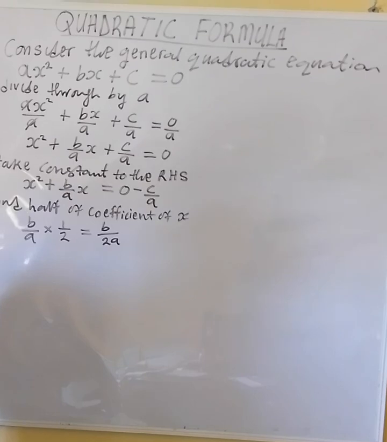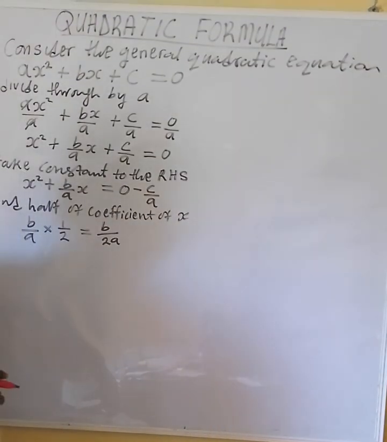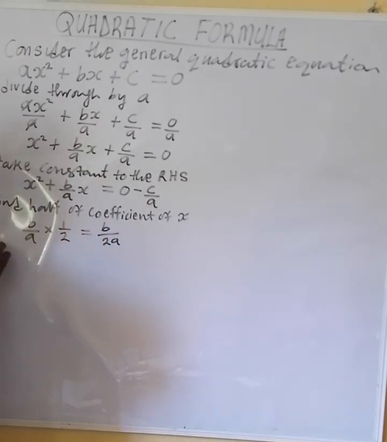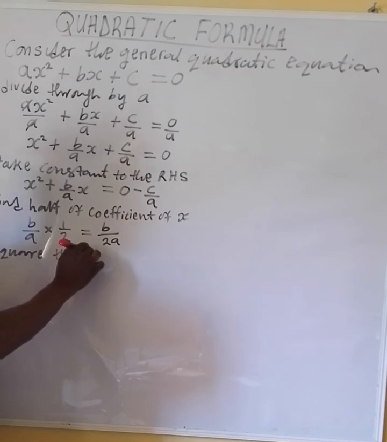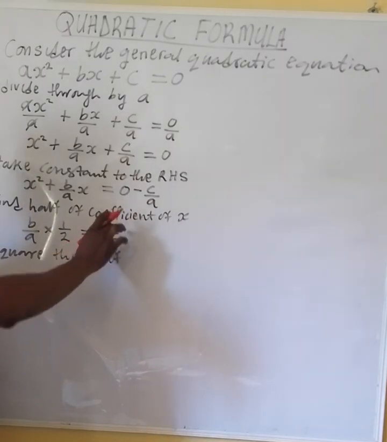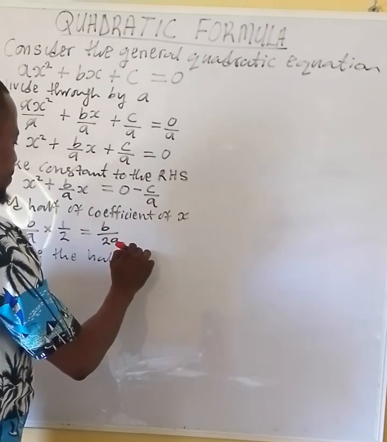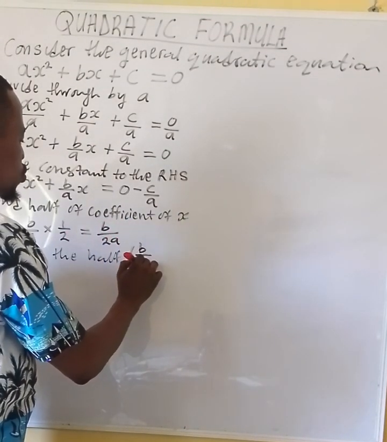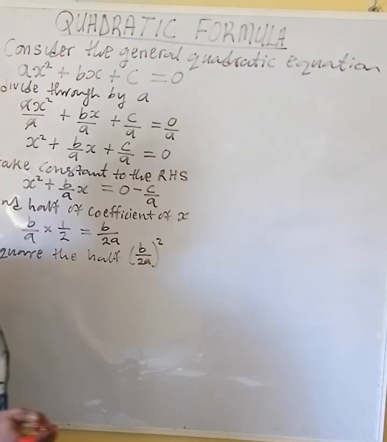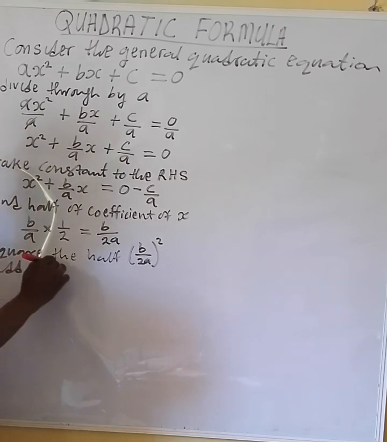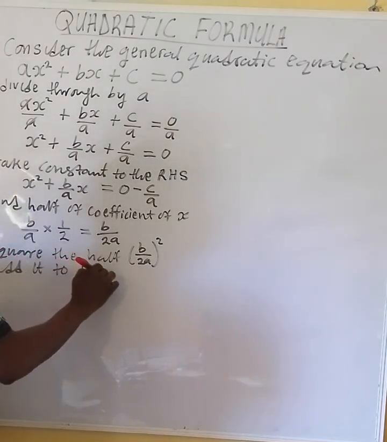Are we together now? So having done that, the next thing we are going to do is, this is the half of the coefficient of x, now we are going to square it. When we square it, it will give us b over 2a squared. Okay? So then add it to both sides.